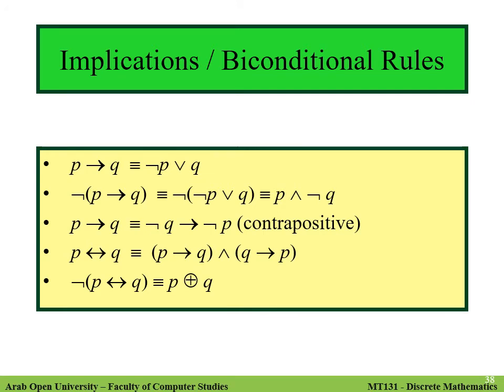P if and only if Q is equivalent to P implies Q and Q implies P. In fact, you could use this statement as a definition of the biconditional operation. The final formula shows us how to write the negation of the biconditional statement. Not (P if and only if Q) is equivalent to P XOR Q.